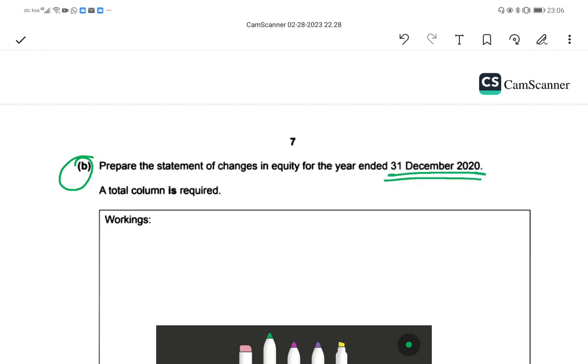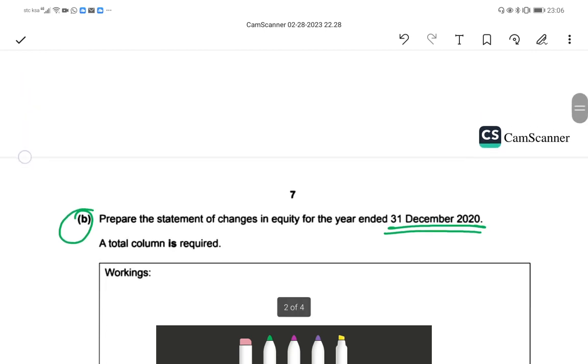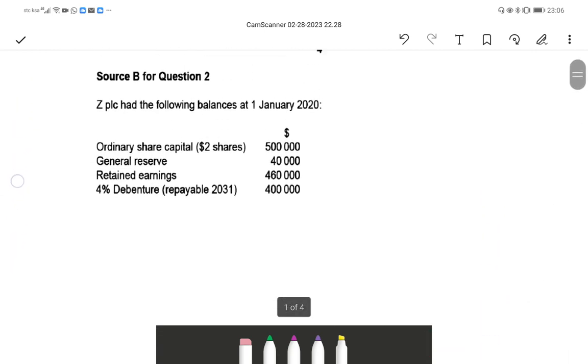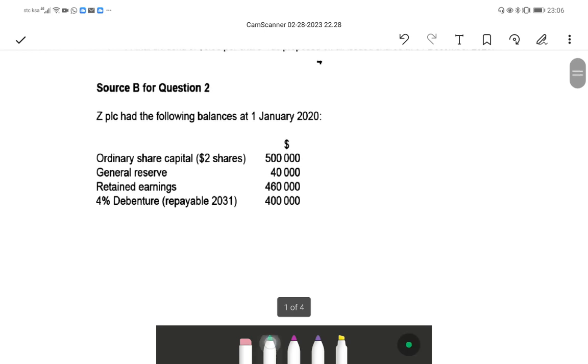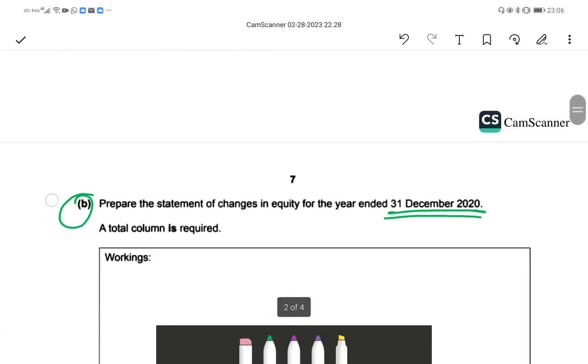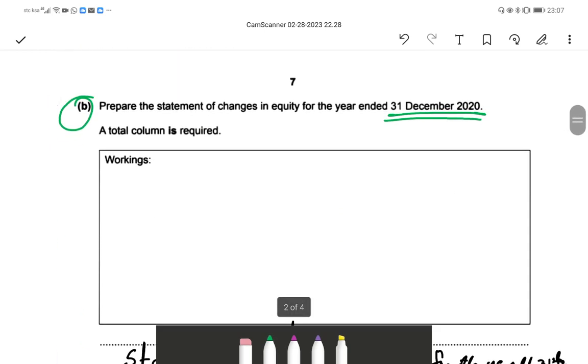Specimen paper 3, you will get insert and question paper. So we have to follow the source document in insert. Here I have just copy pasted the source B for question number 2. ZPLC has the following balances. This is the insert. So we have to prepare our statement of changes in equity.